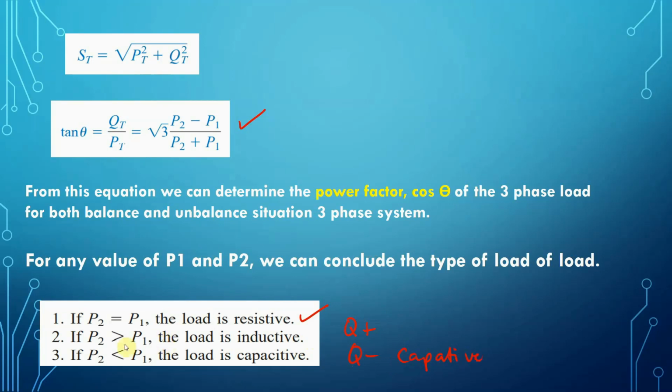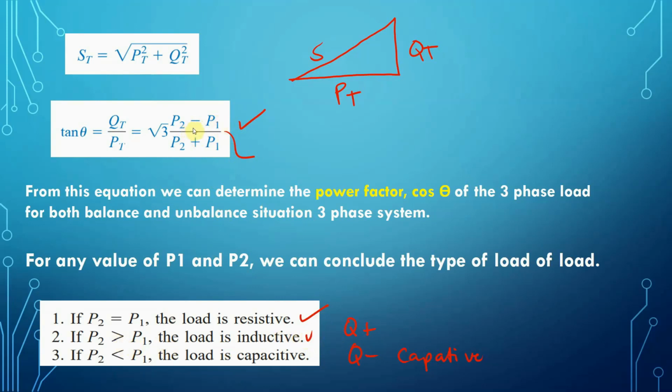Here, if P2 is greater than P1, our power triangle will look like this. This will be Q total, this will be P total, this will be S. So tangent theta will give me a positive value. That means Q total is positive, which means I have an inductive load.